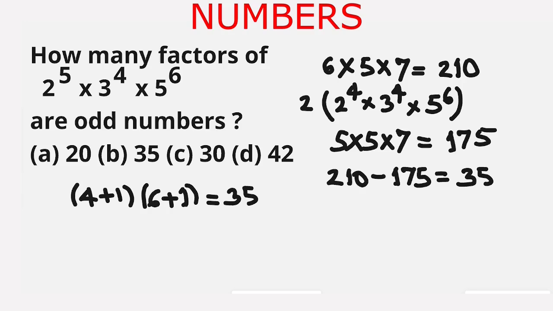This is the proper method of finding odd number factors. So I have shown the shortcut method as well as the proper method of finding odd number factors. And from the given options, our answer is option B, 35.